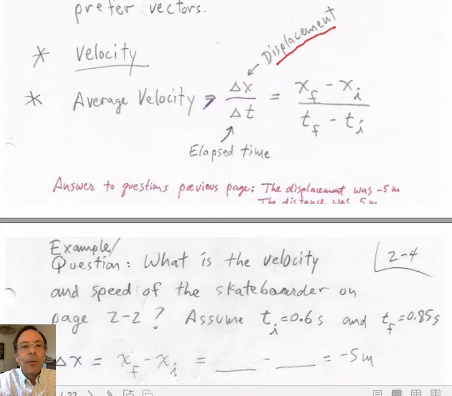And so the average velocity is delta x, the displacement, over delta t, the elapsed time. And we can write it this way. It's the final position minus the initial position, all of that divided by the final time minus the initial time. And since this new delta x does include a direction, the velocity now does include the direction of motion.